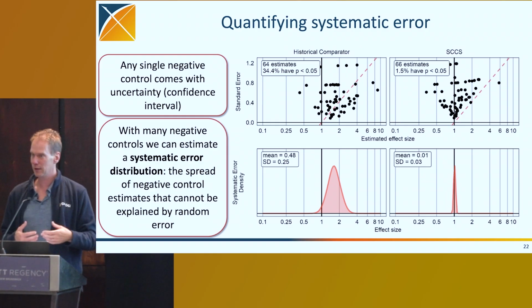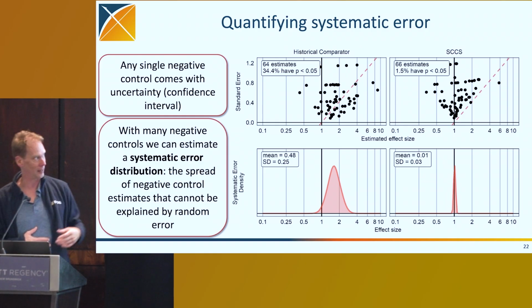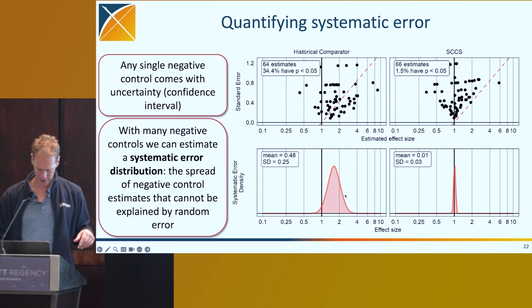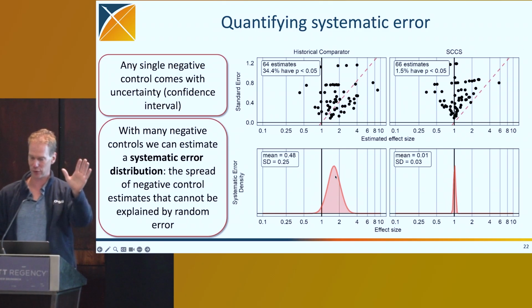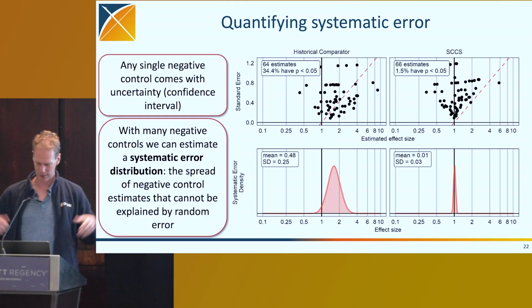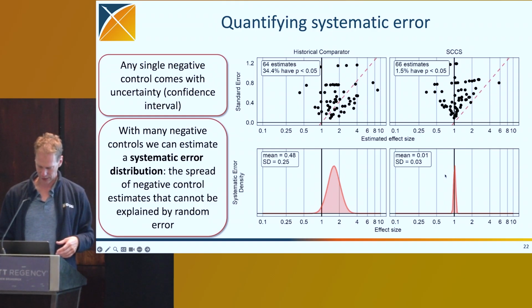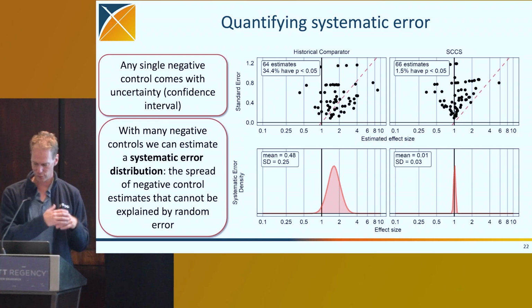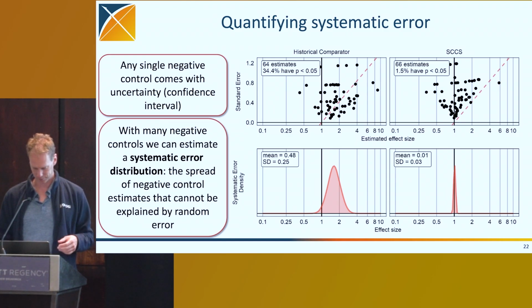And this sort of summarizes what we already see in the data, that the left method is shifted to the right. So the mean is shifted to the right, but also there's just more spread. The right method, it's not shifted in any direction, and there's not that much spread of these negative controls relative to the random error that was there.